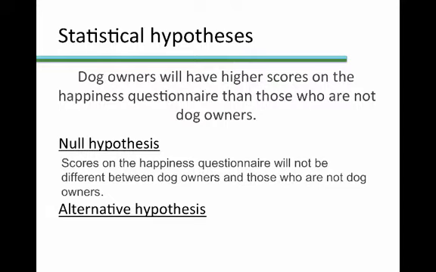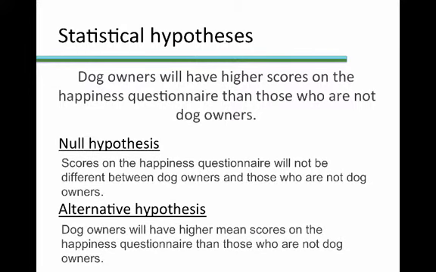This will pretty much be a restatement of our research hypothesis, although because inferential statistics are always comparing the means of groups, we will restate the hypothesis with specific mention of means. Dog owners will have higher mean scores on the happiness questionnaire than those who are not dog owners. There, that wasn't too difficult. Let's do another one.